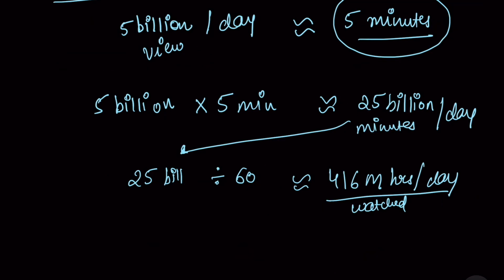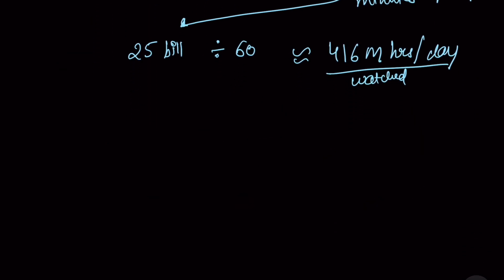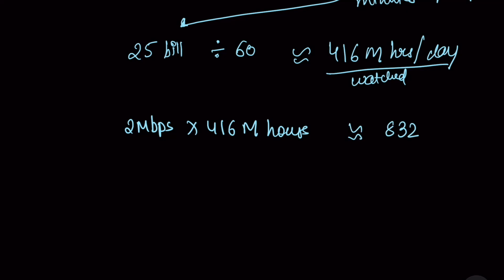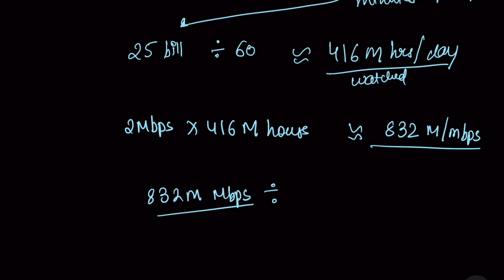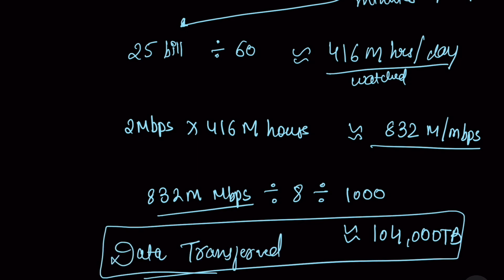And for the data transfer per day, we are supposing that 2 Mbps multiplied by 416 million hours would approximate to 832 million Mbps. And if we convert this Mbps to GB, we divide it by 8 and divide it by 1000, and this will approximate to 104,000 terabyte. So this is the data transferred per day, okay.